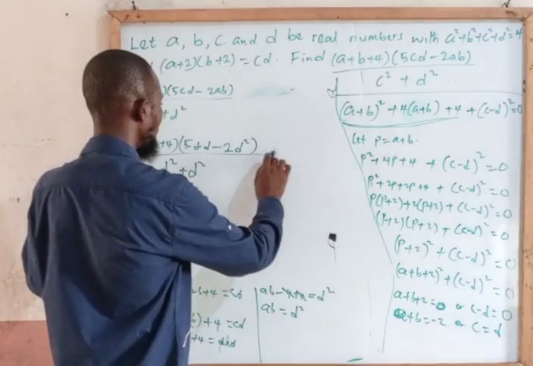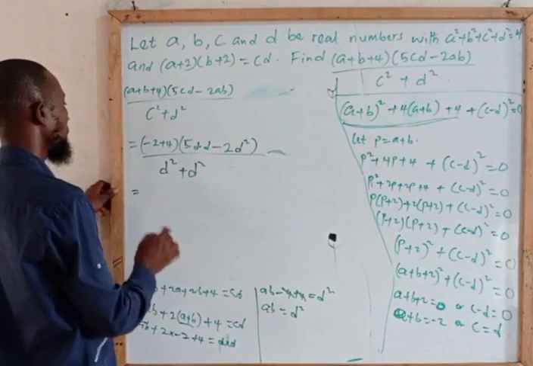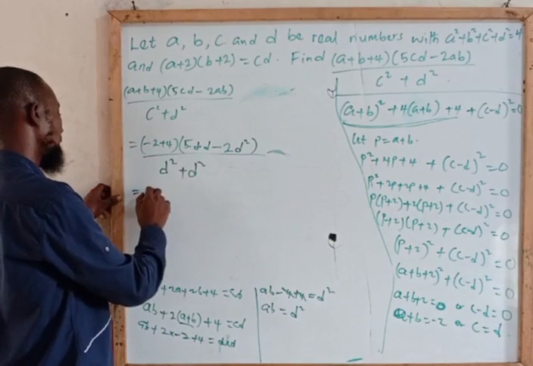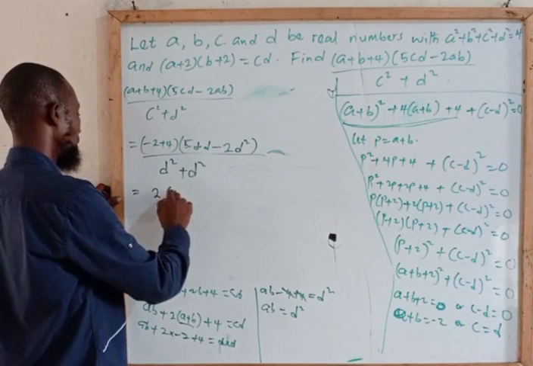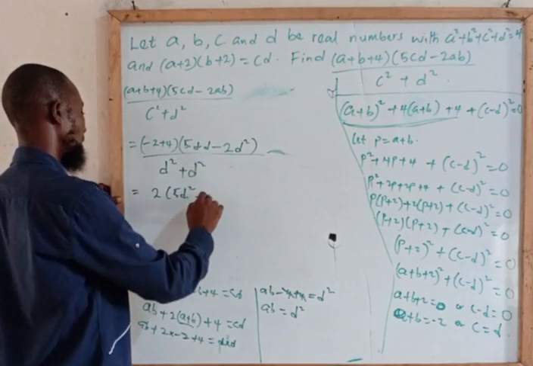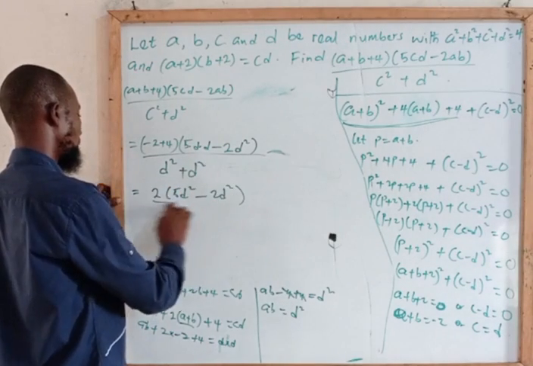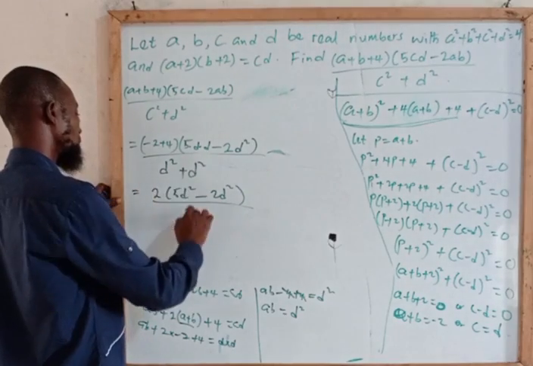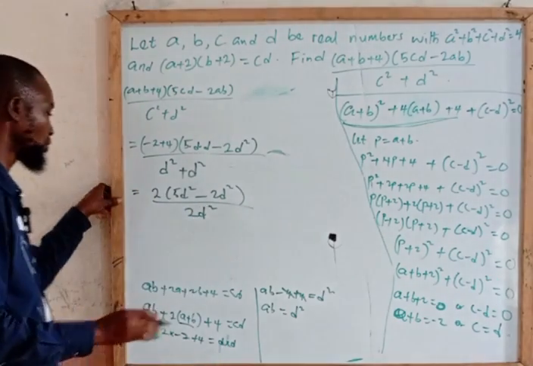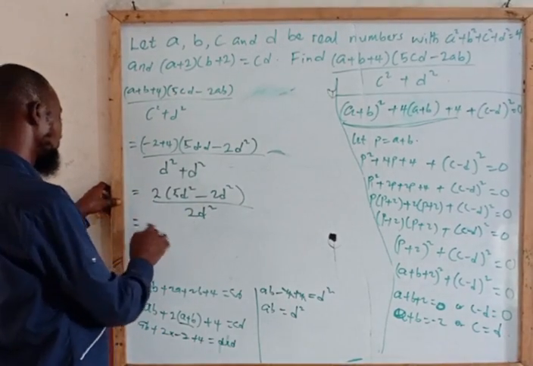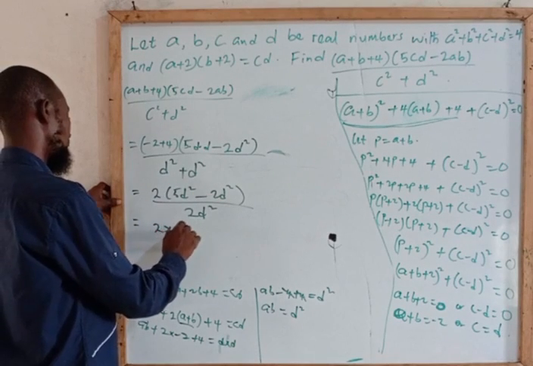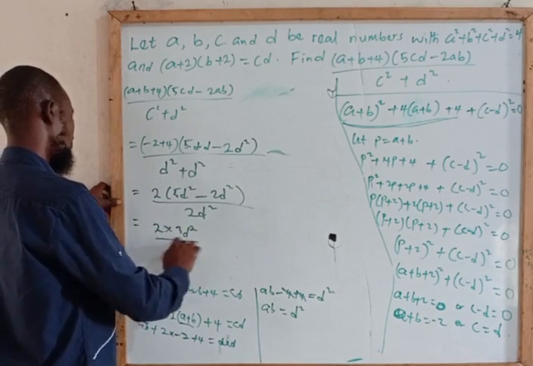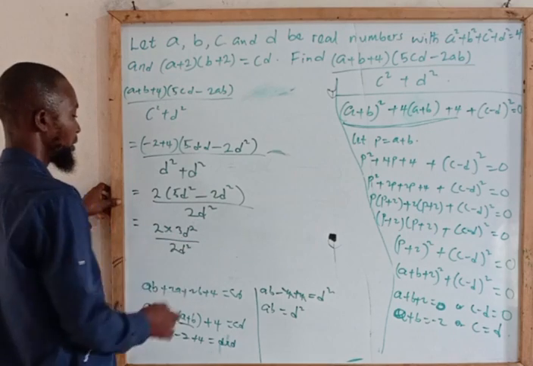Which is the same thing as minus 2 plus 4, which gives 2, into 5 times D times D. That is 5D squared minus 2D squared, everything over D squared plus D squared, which gives 2D squared. Which is the same thing as 2 times, look at it, 5D squared minus 2D squared, that is 3D squared, all over 2D squared.